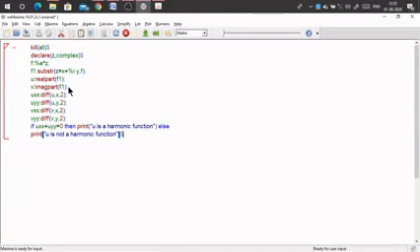Likewise, we'll also have to check whether v is harmonic or not. So that is ensured by the statement. And you can also do one more thing. Sometimes uxx plus uyy may not straight away turn out to be 0 without simplification.